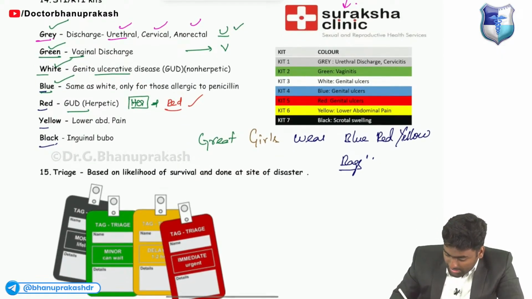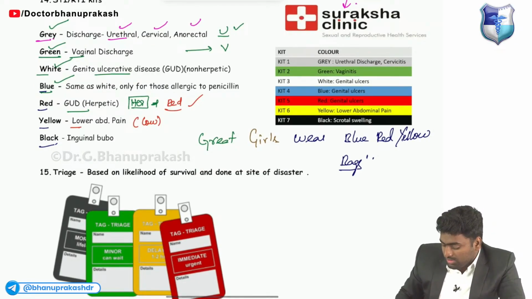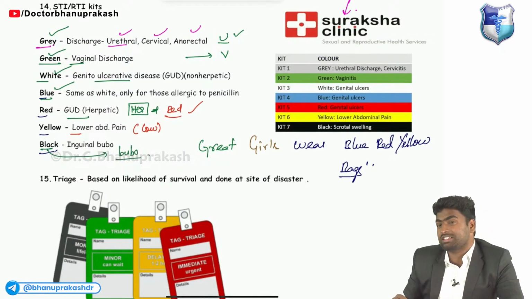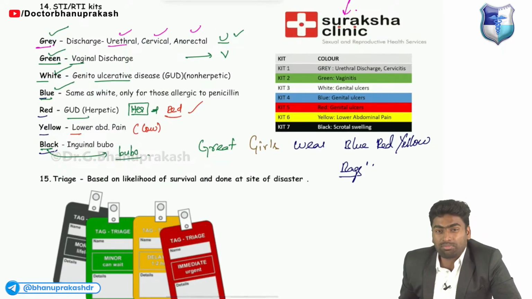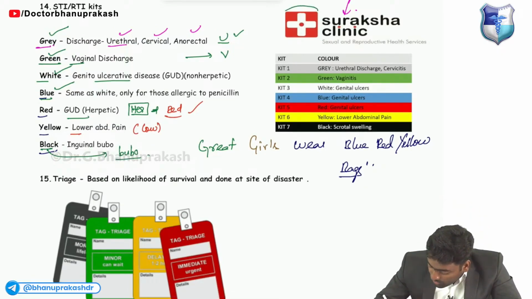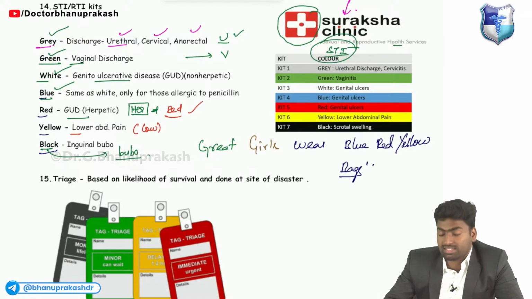Then yellow: remember it is L for lower abdominal pain, you will use the yellow kit, and black for bubo. In the case of inguinal bubo, we use the black kit. Just remember, and this is the logo of Suraksha clinic, which is for reproductive tract infections or sexually transmitted infections clinics.